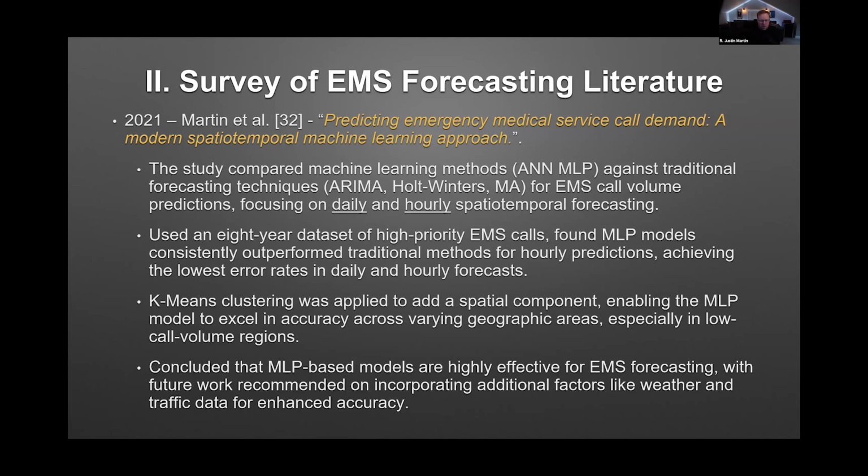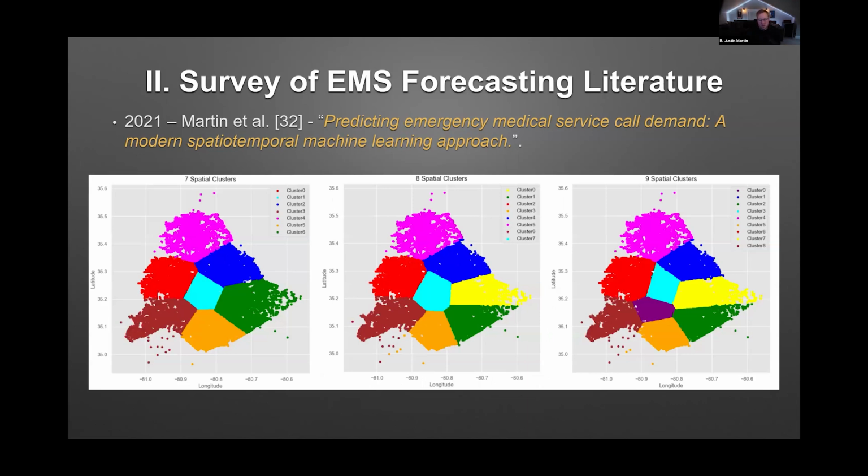And, to pat myself on the back, one novel approach that we did was we basically said, listen, we can't encounter this zero inflated distribution problem. We need to avoid that. We need to be producing forecasts at a level of granularity that are operationally viable. So we decided to use a clustering approach before doing forecasting. So we used k-means clustering based on the latitude and longitude coordinates of all the calls in our data set.